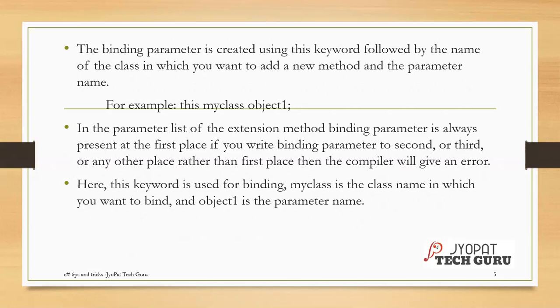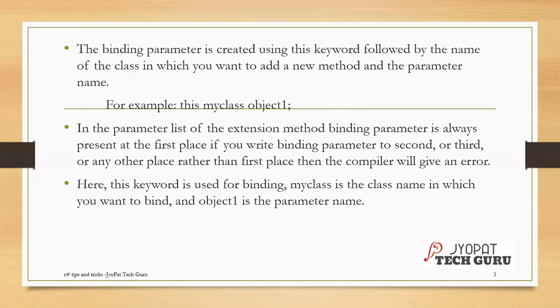If you write the binding parameter at the second or third or any other place rather than the first, then the compiler will give you an error. Here, the this keyword is used for binding. MyClass is the class name to which you want to bind and object1 is the parameter name.